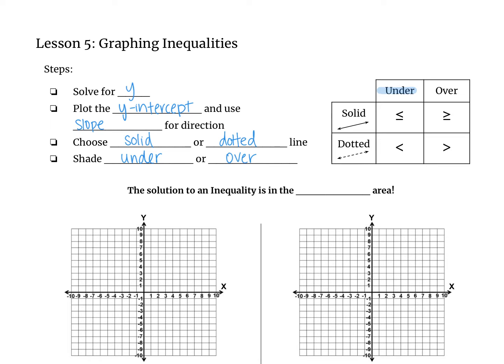For under, that means you have a less than. For over, that means you have a greater than. So this table here is for you to use to decide if we have solid or dotted lines and if we're shading under or over.